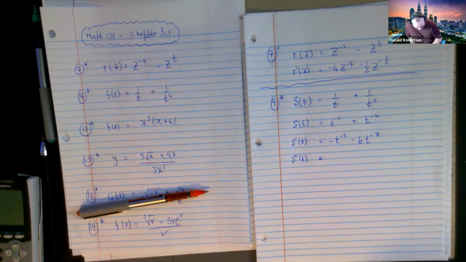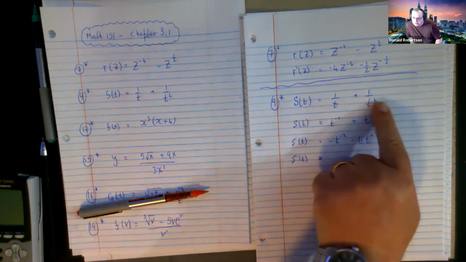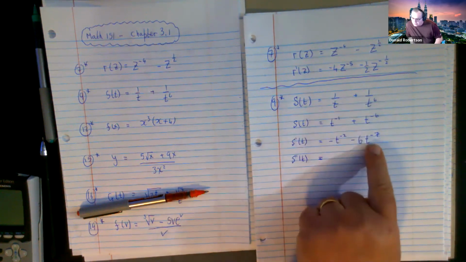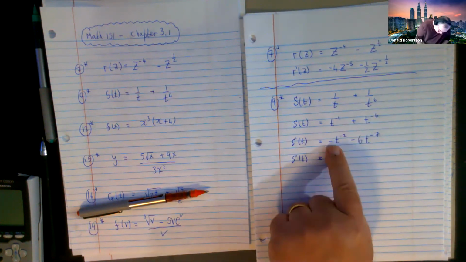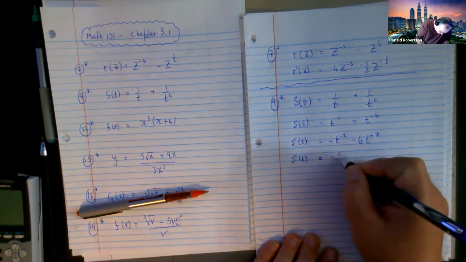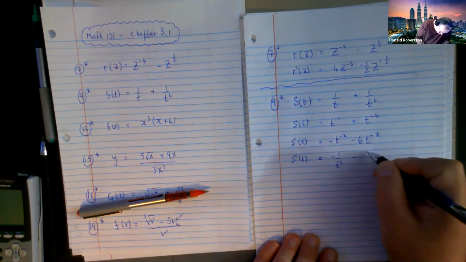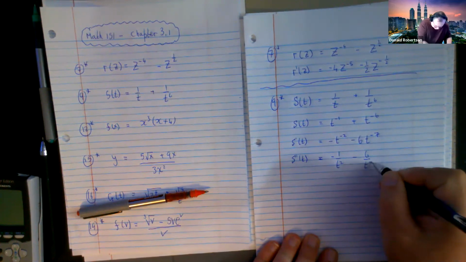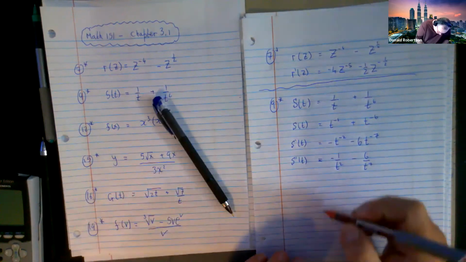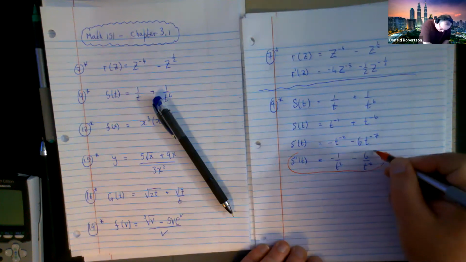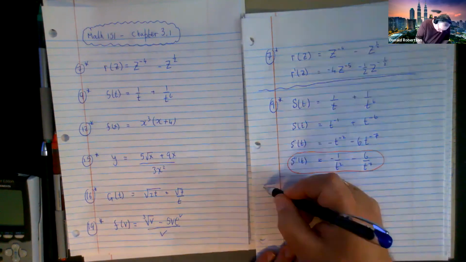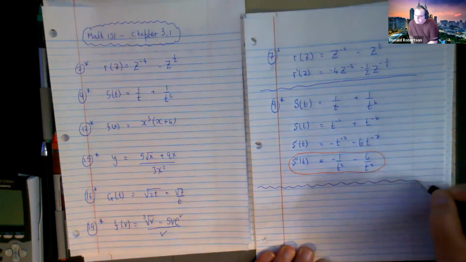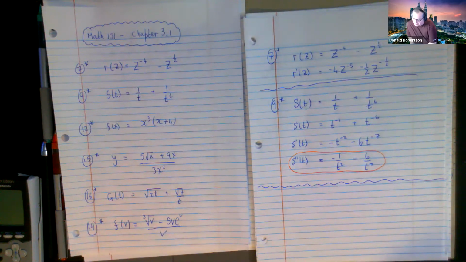The rule we're using right now is that it has to look like the original, and this one does not look like the original. So this is going to become negative 1 over t squared, and this one is going to be negative 6 over t to the 7. Now we're finished, so that's the answer. We're good? Power rule: multiply by the power, reduce it by 1.